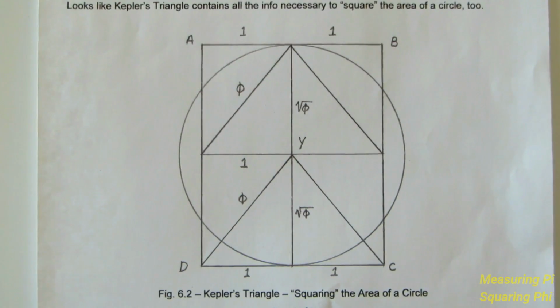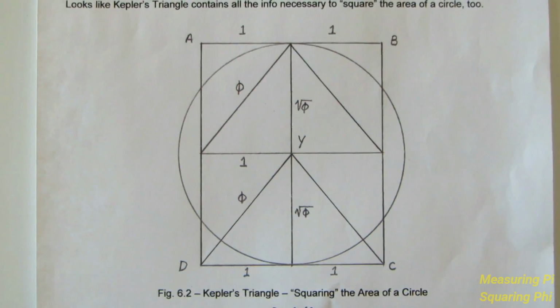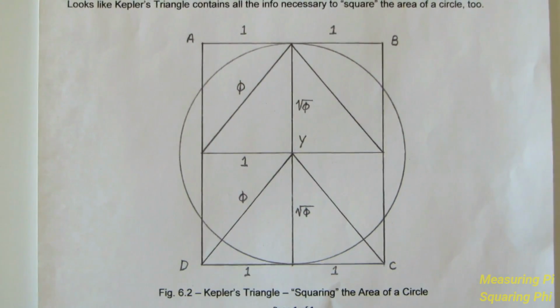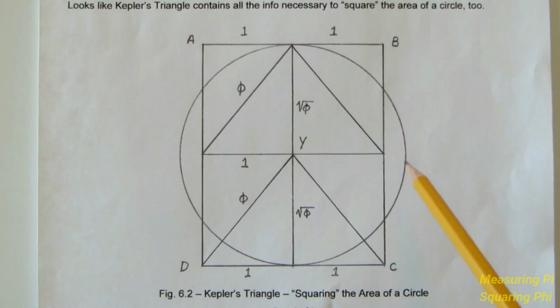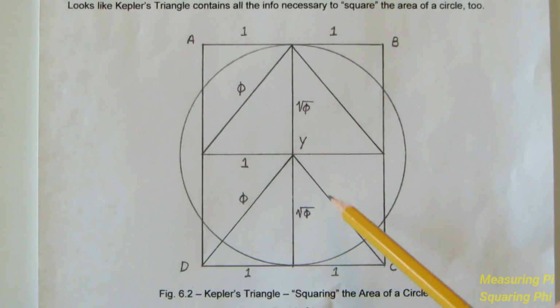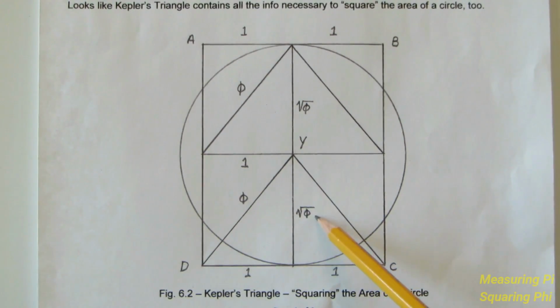That equals 5.088076 square units. If we calculate the area of the circle, pi r squared is simply pi times the square root of phi squared.